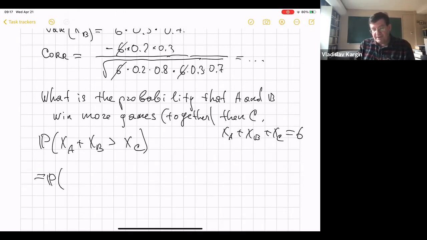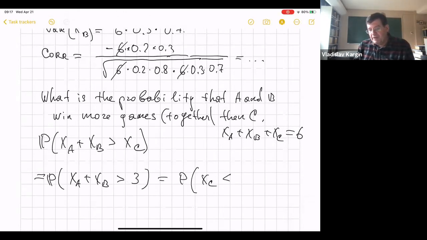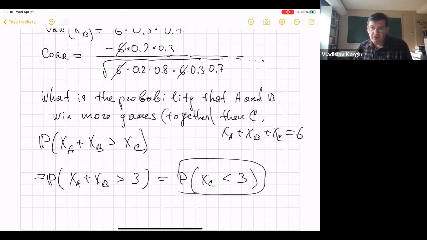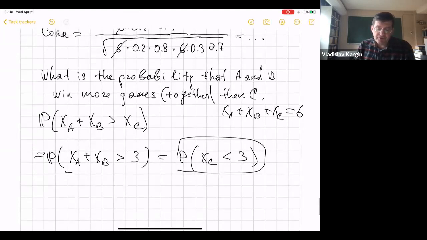So it's the probability that XA plus XB is greater than 3, which is also equal to the probability that XC is smaller than 3. You can calculate this probability because XC is a binomial random variable, or you can use the first approach. The second is clear. XC is a binomial, so it's easy to calculate.